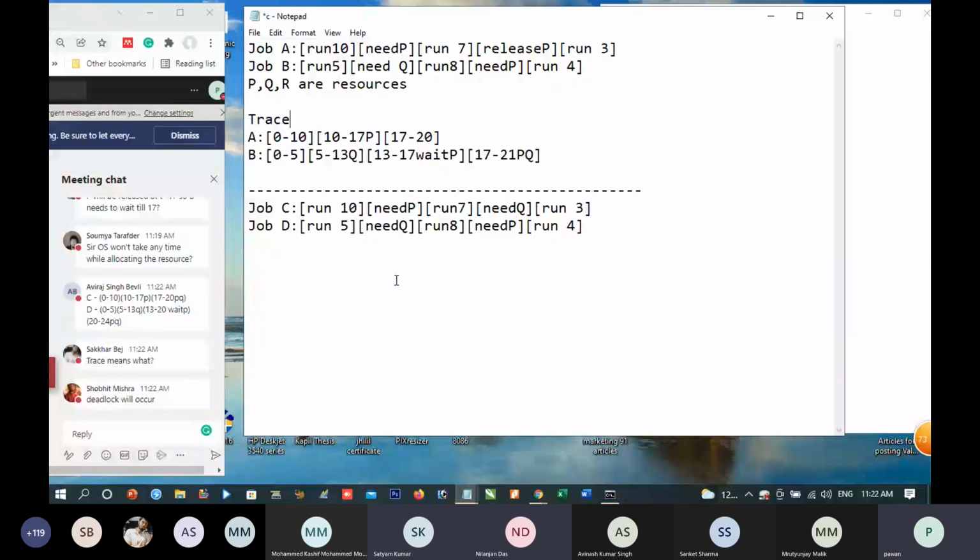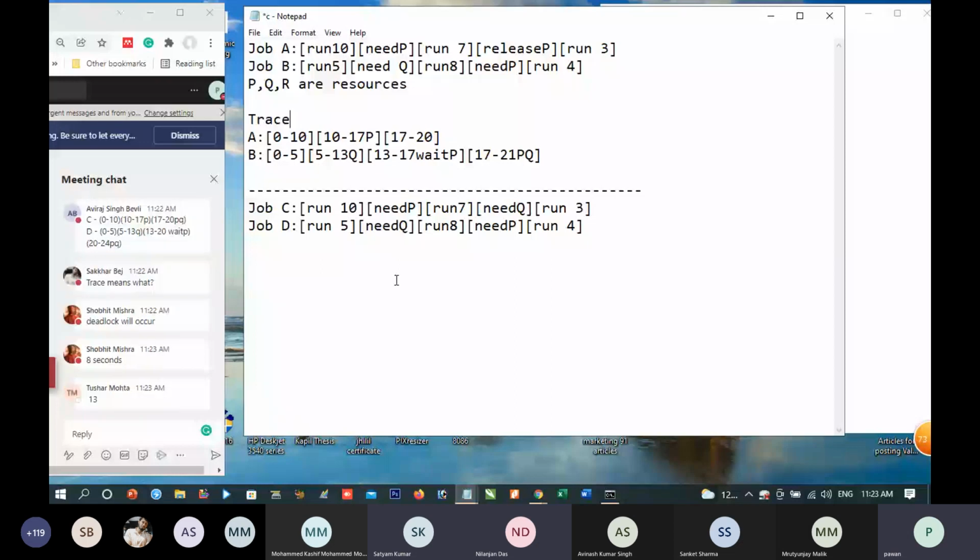When the deadlock has happened, Sohbit Misra, at what time did the deadlock take place? Wrong. Tushar is wrong for 13.